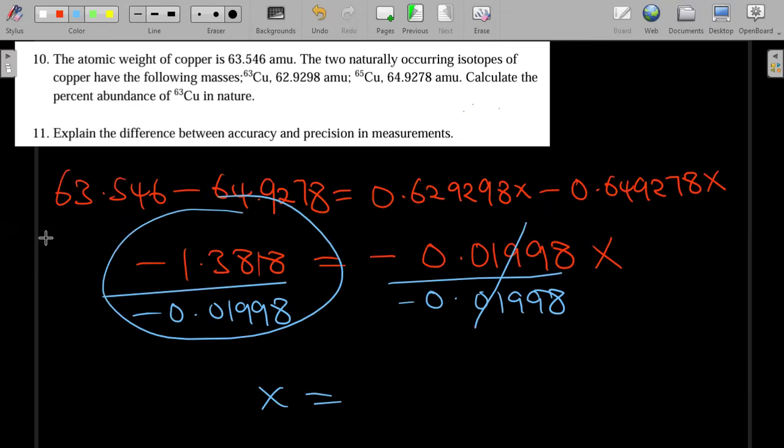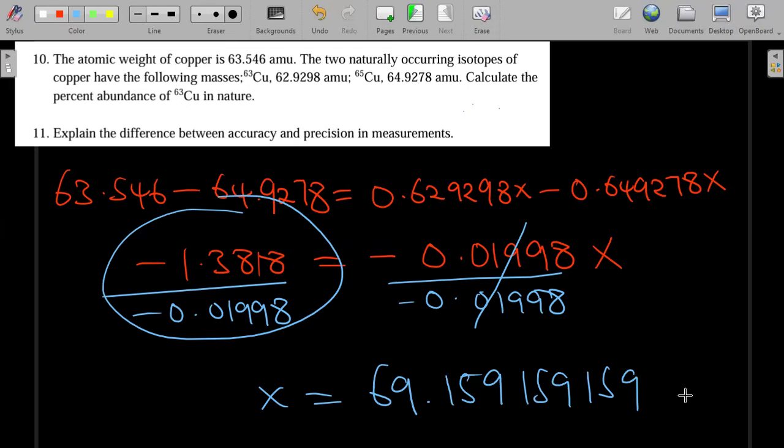So we have 1.3818 divided by 0.01998. Okay, so I'm getting 159. Okay, so this number continues to go.